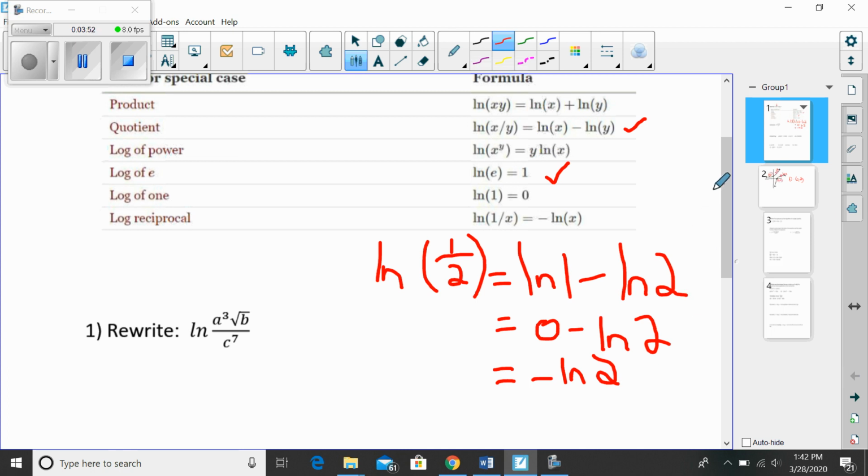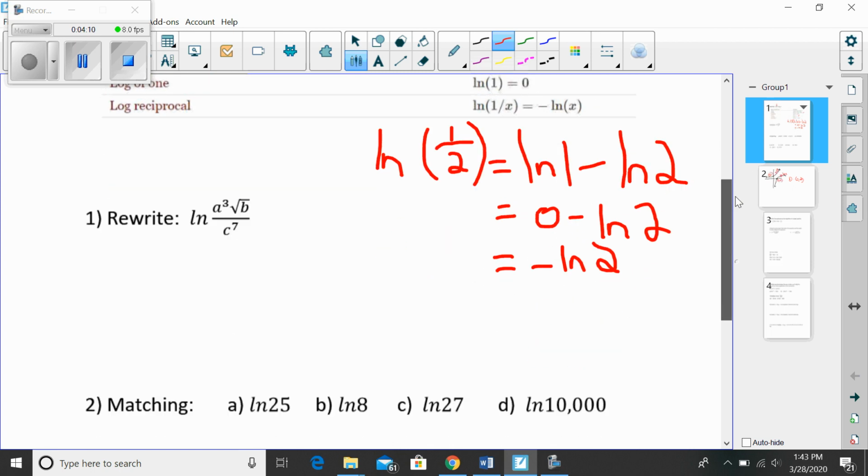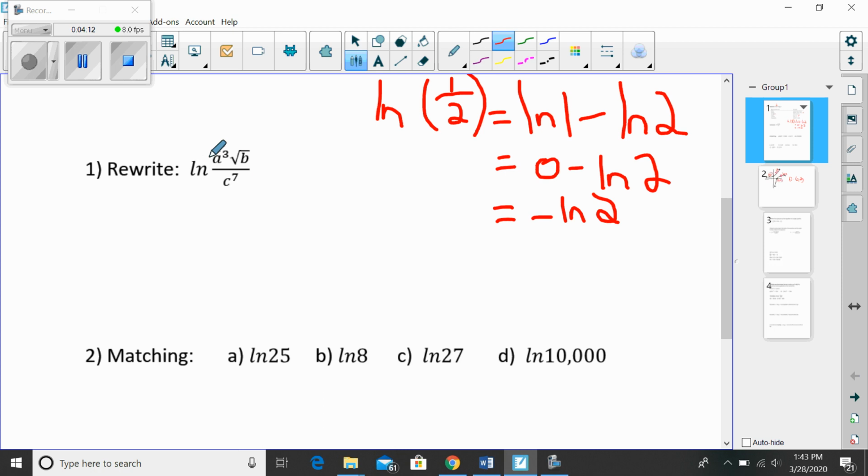So moving on to some practice exercises, if I want to rewrite this expression here in number 1 using these rules, first I'm going to apply the product rule and the quotient rule, and then second I will apply the power rule, the log of a power rule. Eventually I hope you can do all of these in one step.